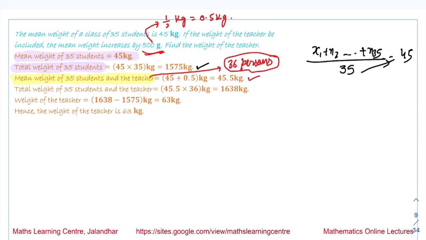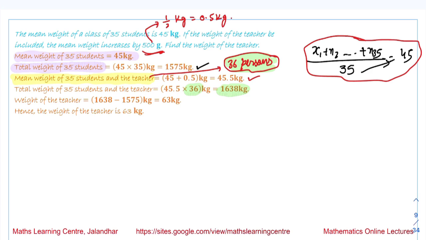So the total weight of 35 students and the teacher, with the same concept, is 45.5 into 36, because now the total number of persons is 36. So the answer we get is 1638 kg.